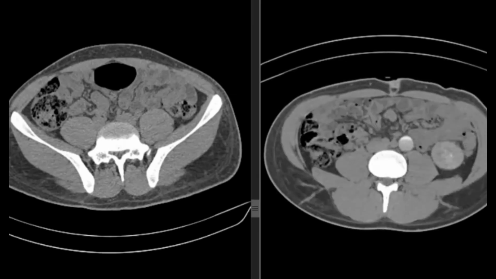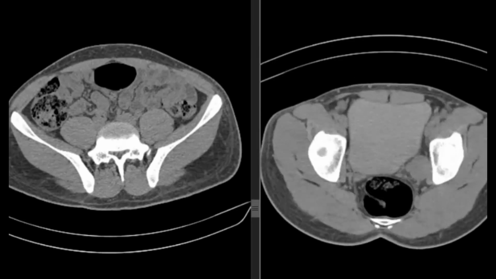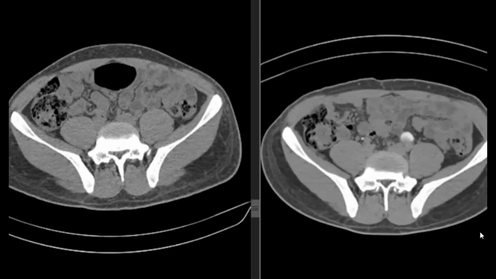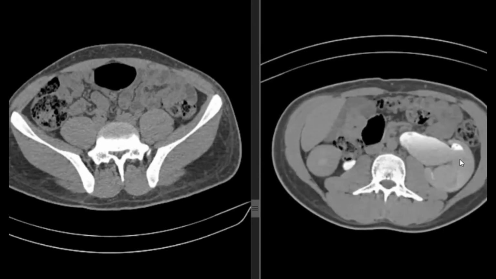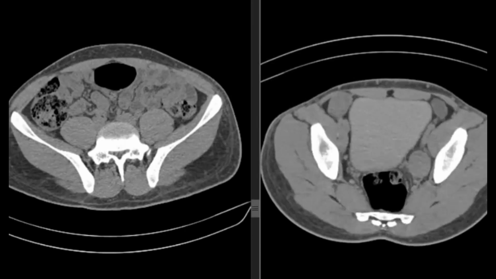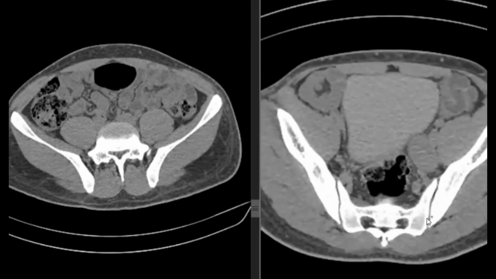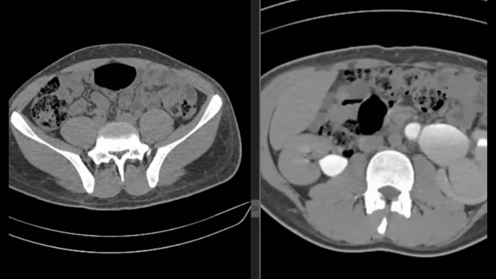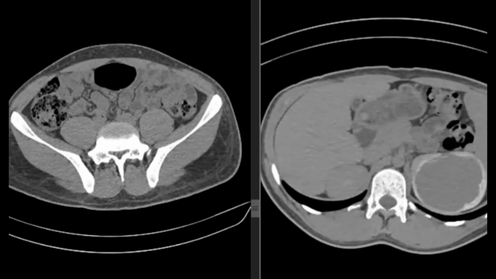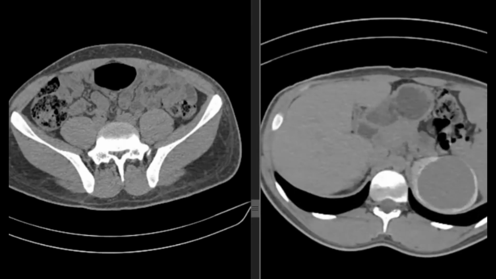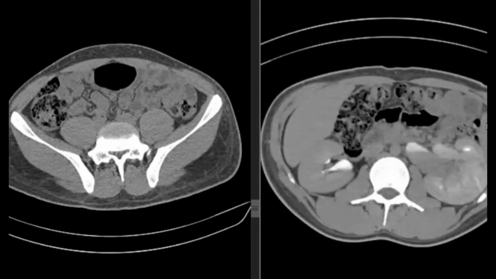In the delay image, there is excretion of contrast, and there are also multiple sinus cysts, cortical cysts as well. Here, doctor, the contrast is not within the... It is in the periphery. The calyces are looking in the periphery.